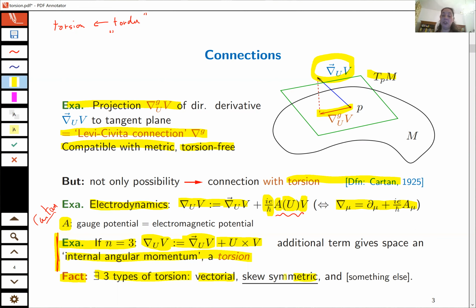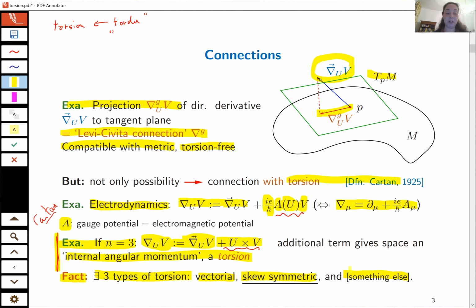Then there can be skew-symmetric, which would be something like this. This is anti-symmetric in u and v, which is not the case in electrodynamics. And then there comes something else about which I will say almost nothing, for reasons which become obvious when we see it in detail. Okay, and any linear combinations of these are accessible, of course. Good.